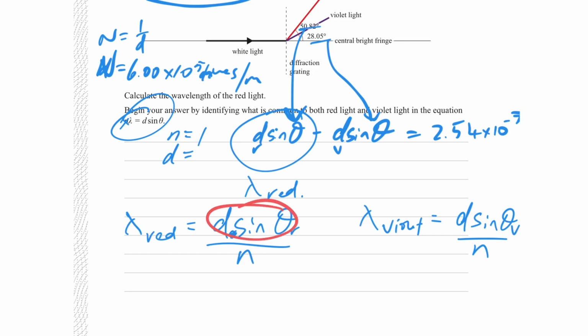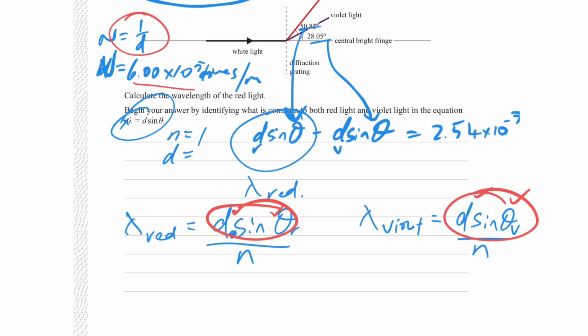You'll end up with a number on the top. So we do use the conversion for n and d and stuff to find d. We know theta, excuse me, for the red. So we'll end up with wavelength of red equals some number over n. Wavelength of violet equals some number over n, because again we've got both of those.